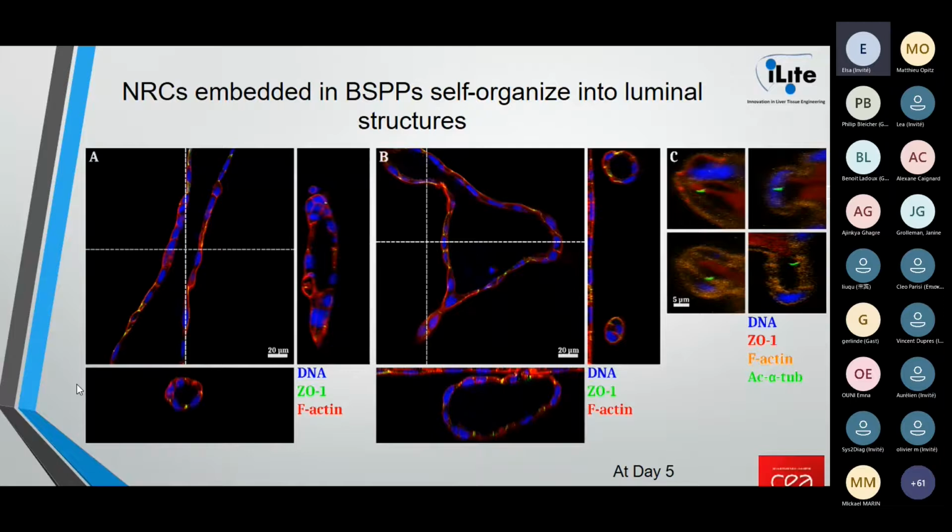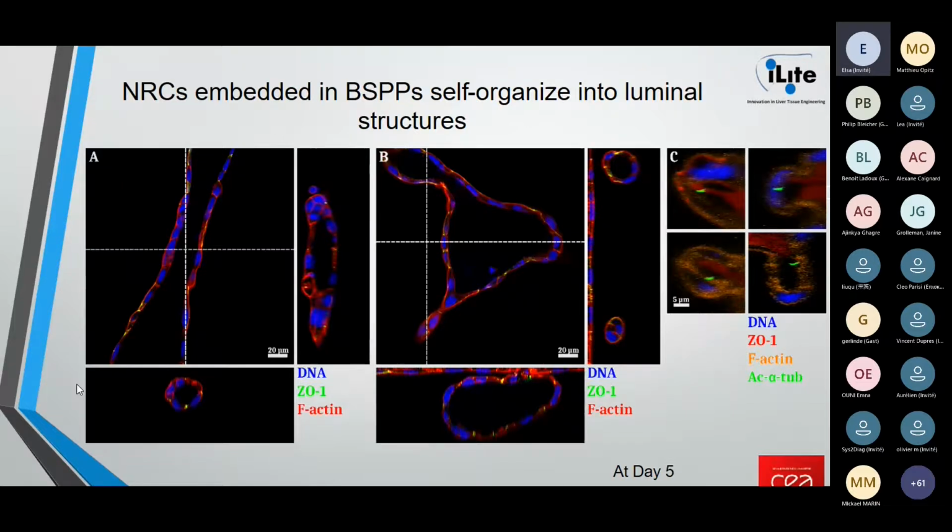What you can see also is the F-actin distribution that is characteristic of epithelial cells, with a dense band along the cell-cell border. You can also check the ZO1 staining, which is the staining of tight junctions, and we can see that the tubes that are formed seem to form an intact epithelial barrier.